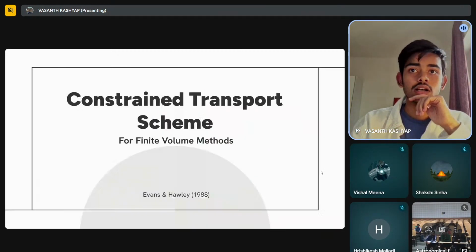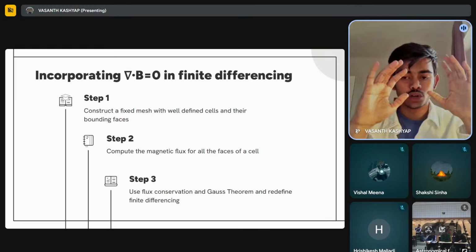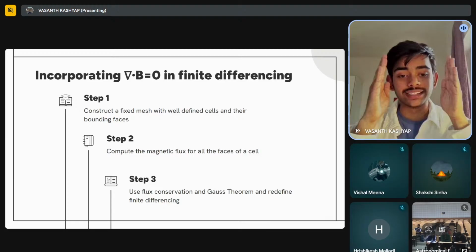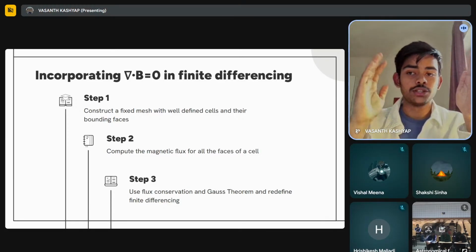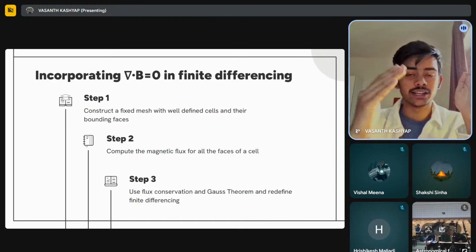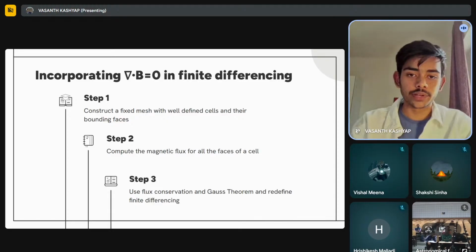A simple way of doing it is, you have a box, and instead of solving for the magnetic field itself, you calculate the magnetic flux at the surface of the box. Magnetic flux is the integral of magnetic field over some area, right?